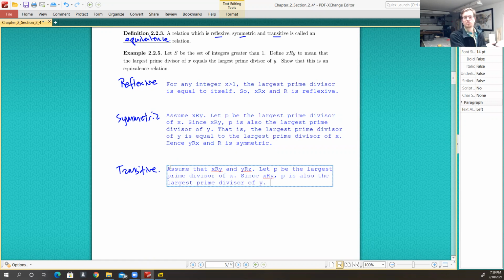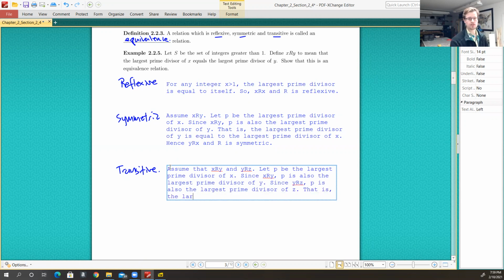Excellent. So now we know that p is the largest prime divisor of y. But since y is related to z, we get the same result for z. Since y is related to z, p is also the largest prime divisor of z. Fantastic.